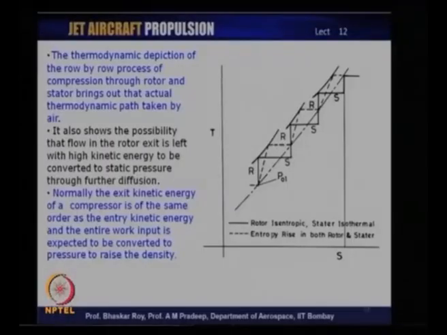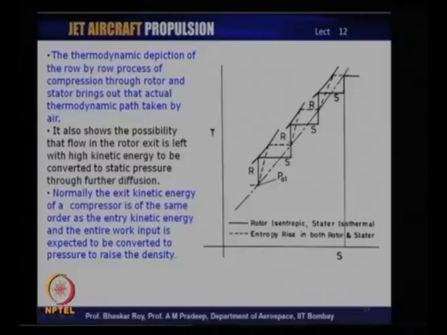What of course happens is that the exit kinetic energy of the compressor is often of the same order as the inlet kinetic energy, as a result of which it is expected that the entire work that is applied would be converted to pressure. As a result, what is often done is that through these steps an average line is drawn, and that average line is what we see in our cycle diagram representing the entire compression process.